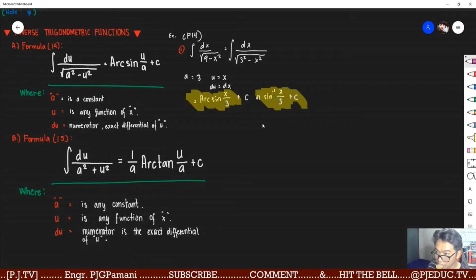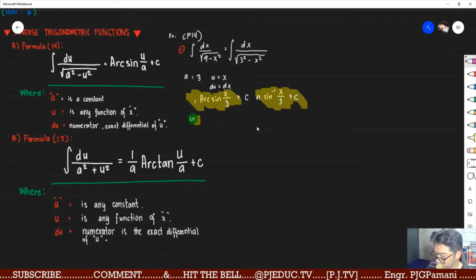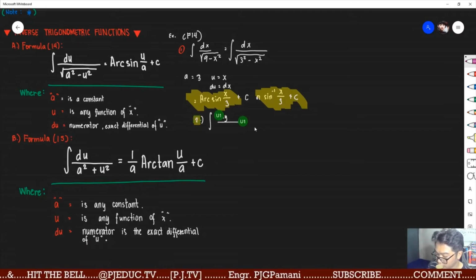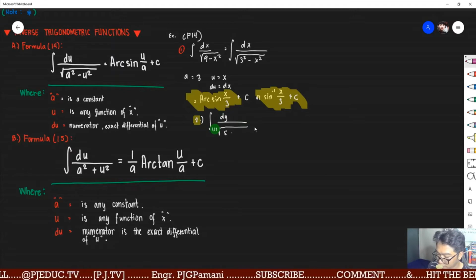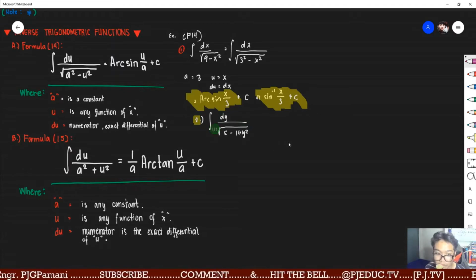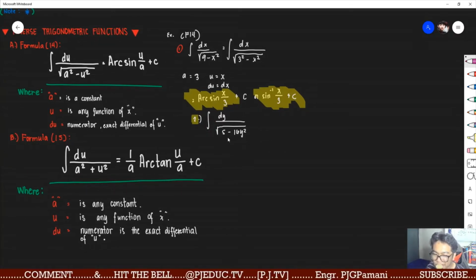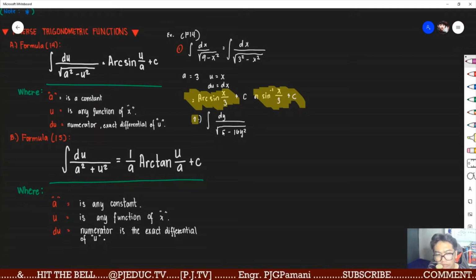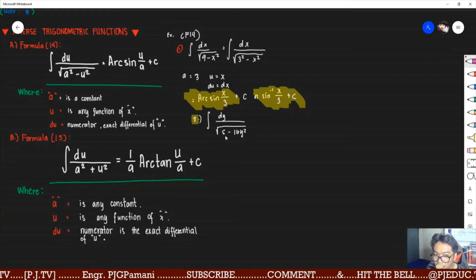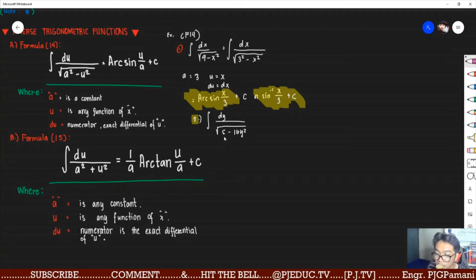Ano lang yan. Number 2, what if you're now asked to evaluate the indefinite integral of dy over the square root of 5 minus 16y squared. So mapapansin nyo with this particular integrand, if 5 is our constant, ano yung number that if we multiply it with its same value is simply equal to 5?